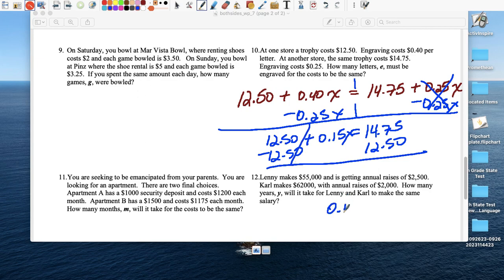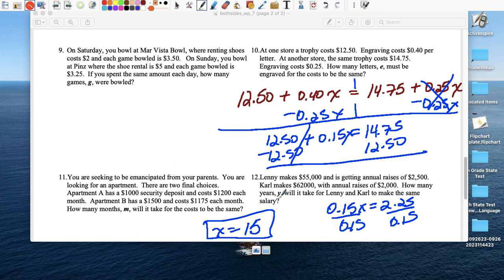I'm left with 0.15x equals $2.25. Divide by 0.15. So x equals 2.25 divided by 0.15. I think it's 15. Yes, it is. So if you were to engrave 15 letters, you could go to either store because it would be the same expense.